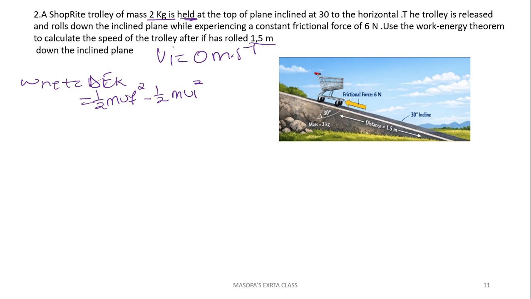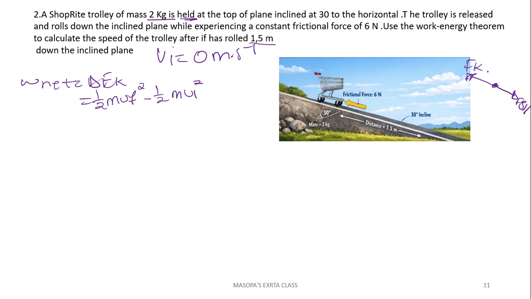But now here we're on an incline. That means that the forces that act on the object are the FG parallel, let's draw it this way, and the force FK that is happening there.